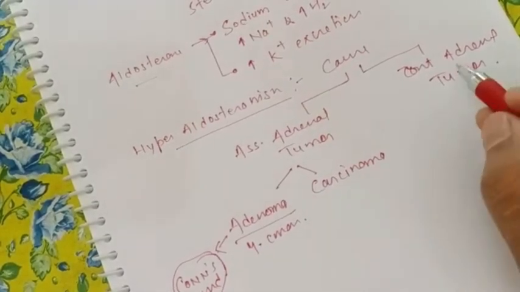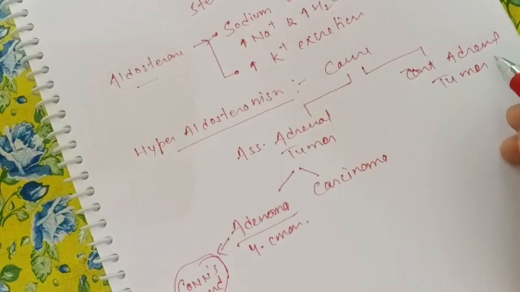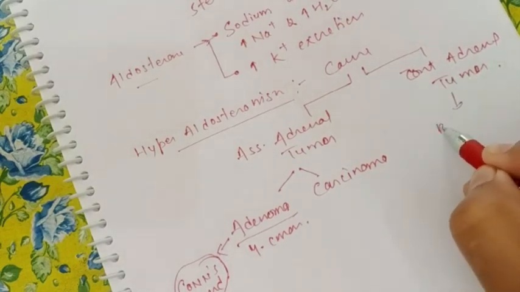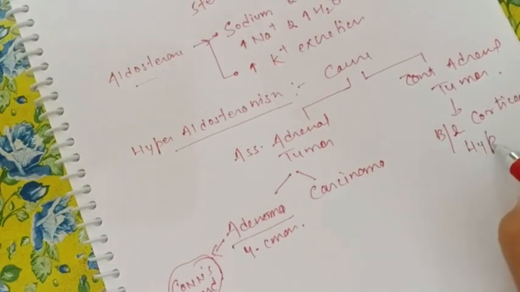Without an adrenal tumor, hyperaldosteronism will be caused by bilateral cortical hyperplasia. So these are the causes.